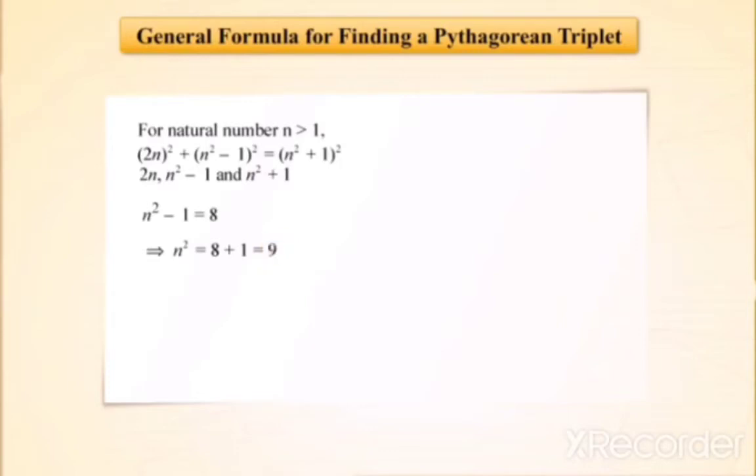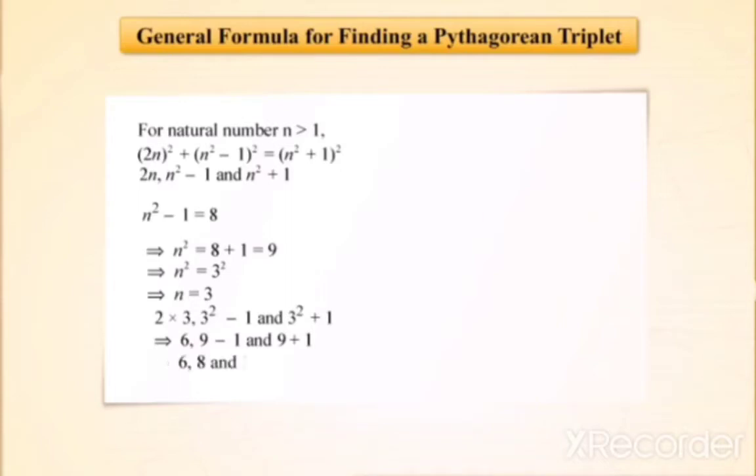Therefore, you can say that n square is equal to 3 square, and accordingly, n is equal to 3. Thus, the numbers in the Pythagorean triplet are 2 into 3, 3 square minus 1, and 3 square plus 1. Simplifying these, you get 6, 8, and 10, which form a Pythagorean triplet.